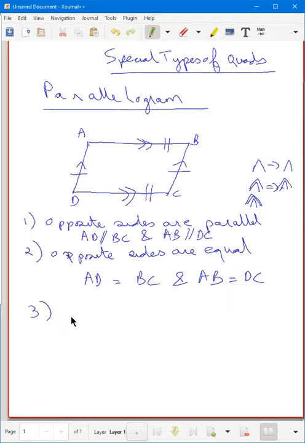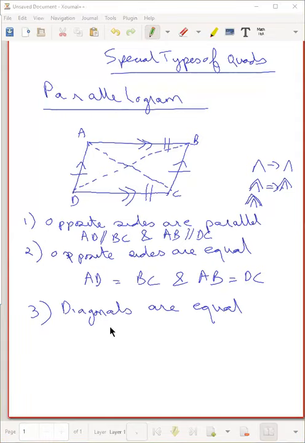Third, the diagonals are equal. What does diagonals are equal mean? In the parallelogram ABCD, should I just give you the direct one?